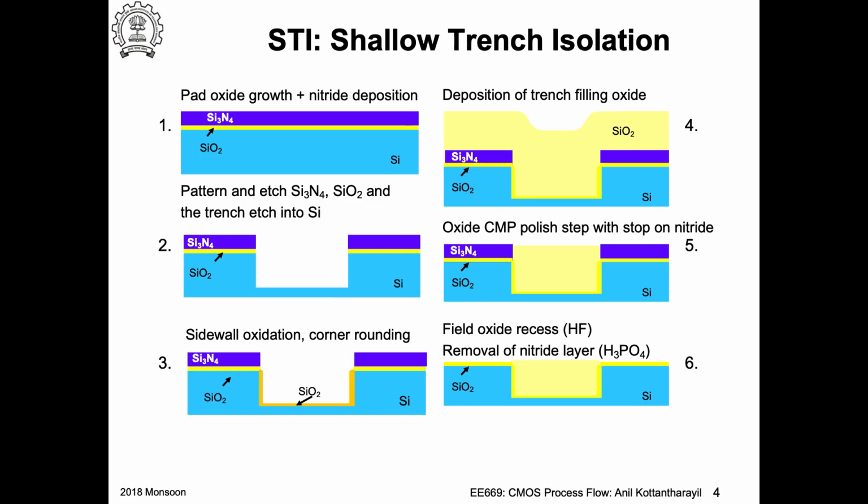And then you deposit, so this is referring to figure 4 on the slide. So you deposit a silicon dioxide by a high density plasma deposition.